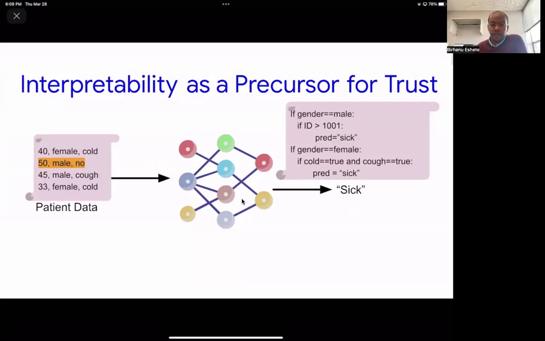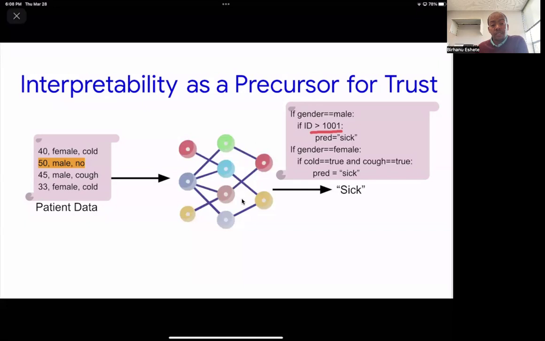And as part of that, it also produces an explanation, right? And when you look at this explanation, it looks like the model's decision is based on this set of rules, which says if gender is male, and then within that, there is a nested if, which says if ID is greater than that much, the prediction is going to be sick, and so on.